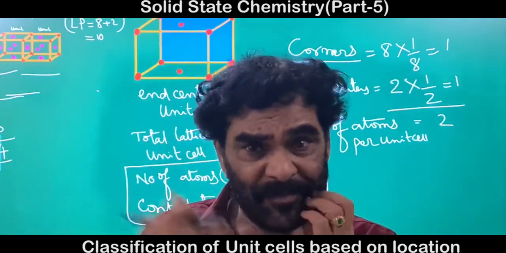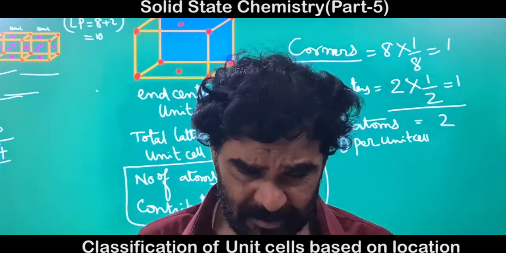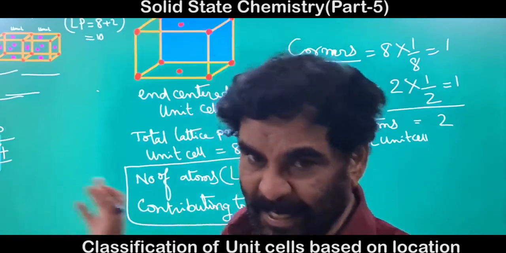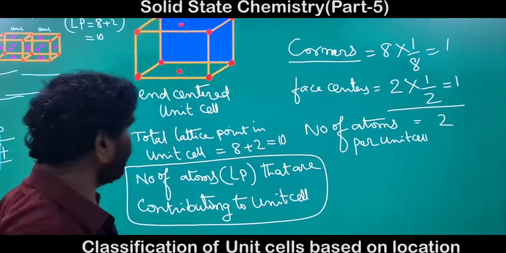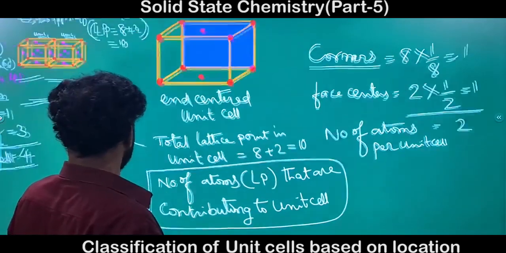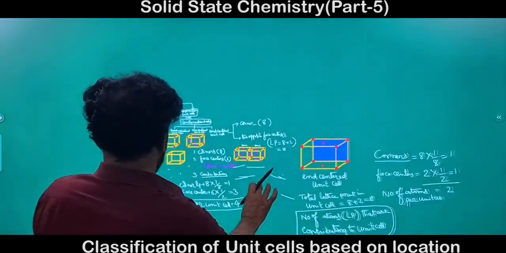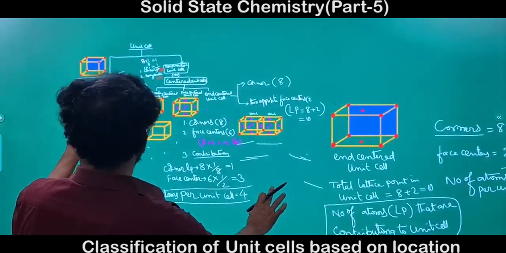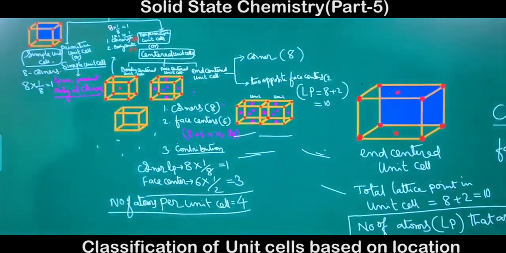Based on that, the number of lattice points contributing to each unit cell can be calculated. This is the classification based on the position of the lattice points in unit cells in the crystal lattice.